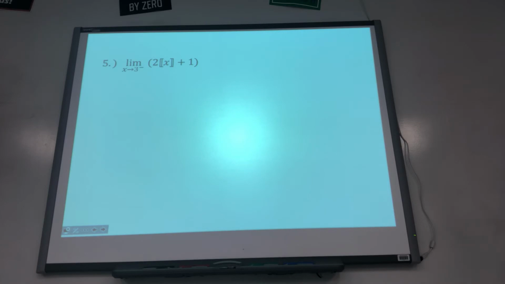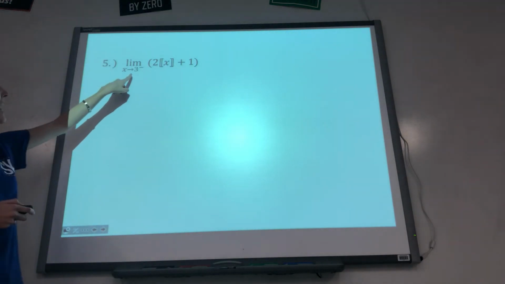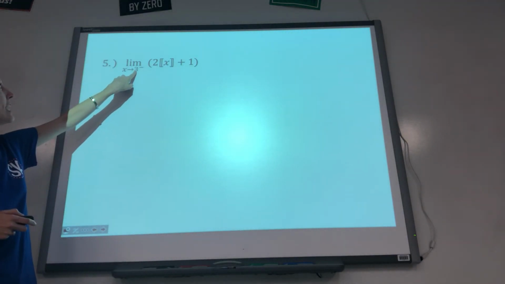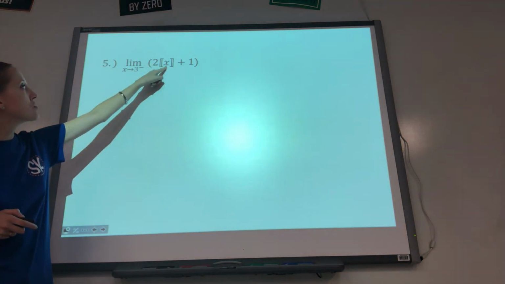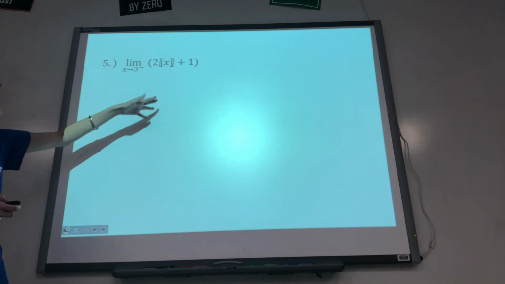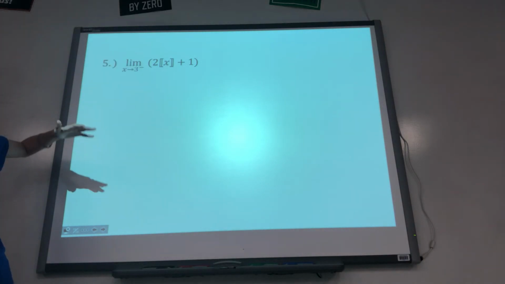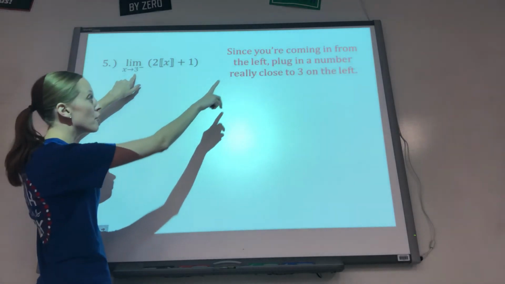Again, the greatest integer function makes the limits work just a little bit differently. So instead of just plugging in the 3 right here, which is what we usually do with direct substitution, because it's in steps and it's a little bit more complicated, we're not just going to plug in 3.